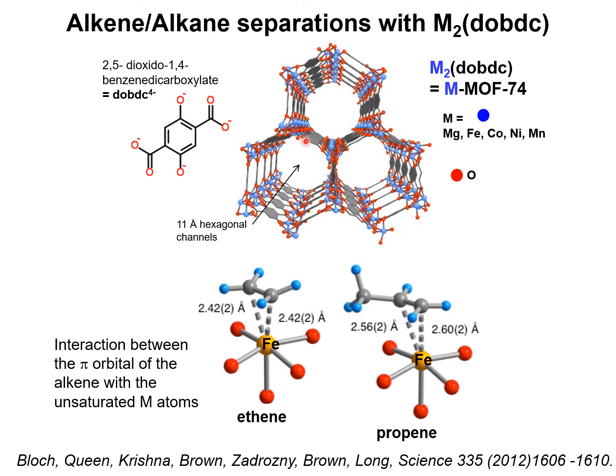MOF 74 consists of hexagonal channels of 11 angstrom size. The M atoms selectively bind with ethene and propene, and the attachment of the alkene molecules is side-on, as shown on this diagram.